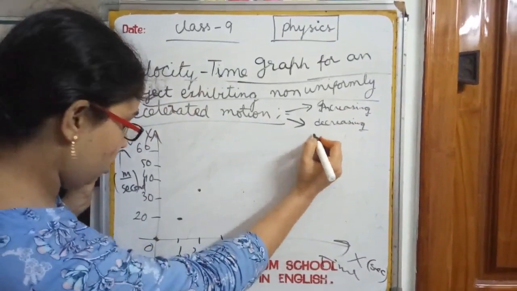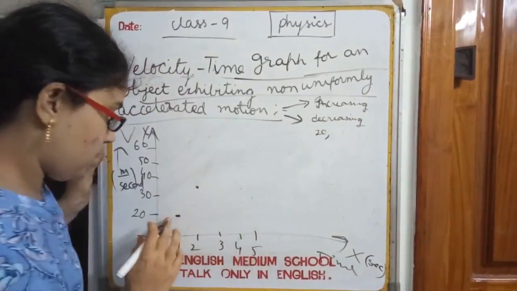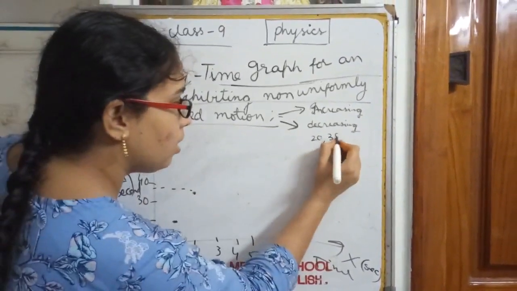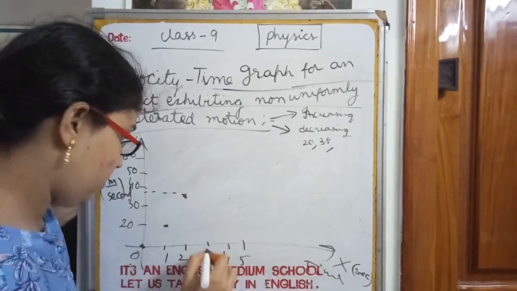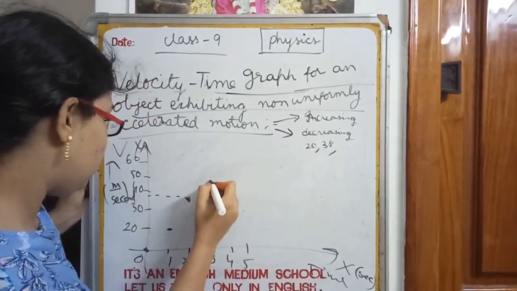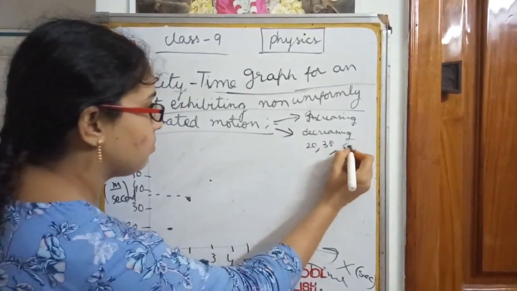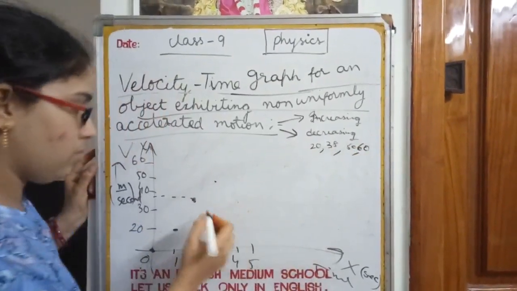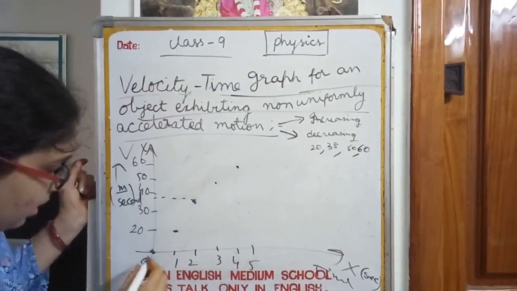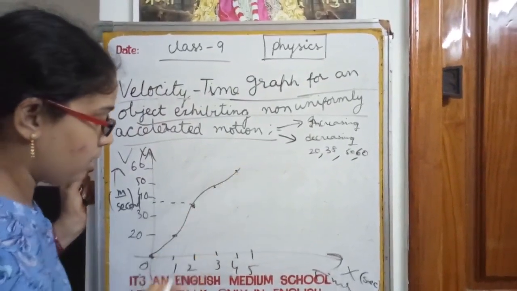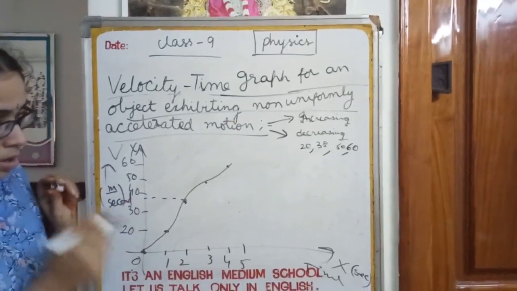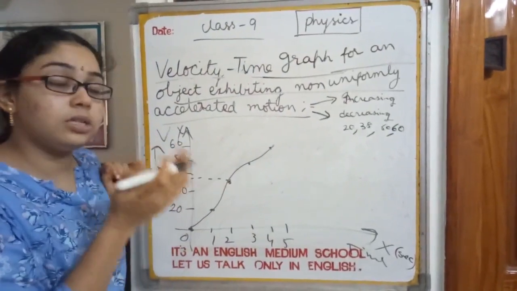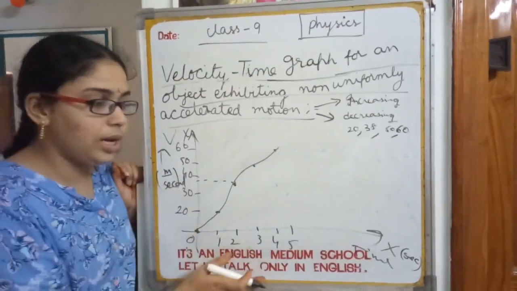Non-uniform means, see, let it be some 20, and next 38, at the end of the third second 50, 60. So like this I am joining it. I got a graph like this. It shows a non-uniform relation, that is a non-linear relation between velocity and time.